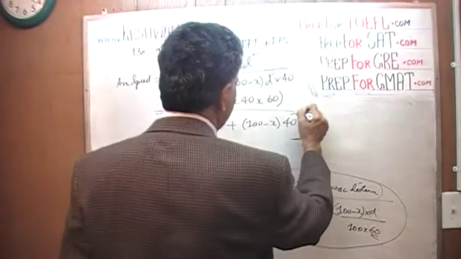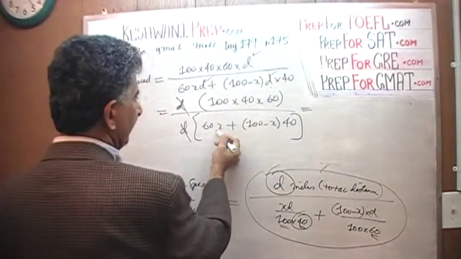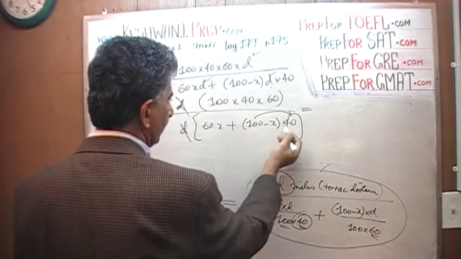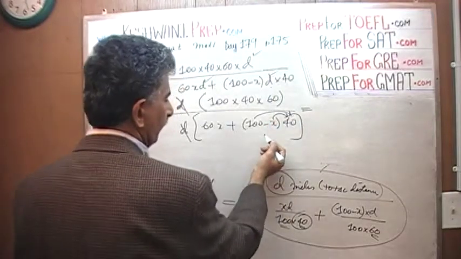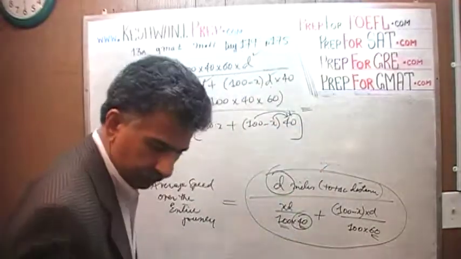Cancel out the d from the top and the bottom by dividing the top and bottom by d. Let's continue on the bottom here.